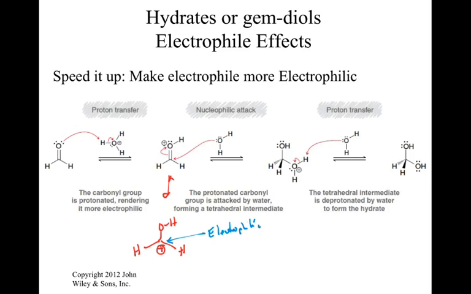We do end up forming a charged product, which is not particularly stable, so water, our mild weak base, can be used to remove that very strongly acidic hydrogen, and we end up again at our final product of the hydrate. So a slightly longer mechanism, but all in all, same general idea.